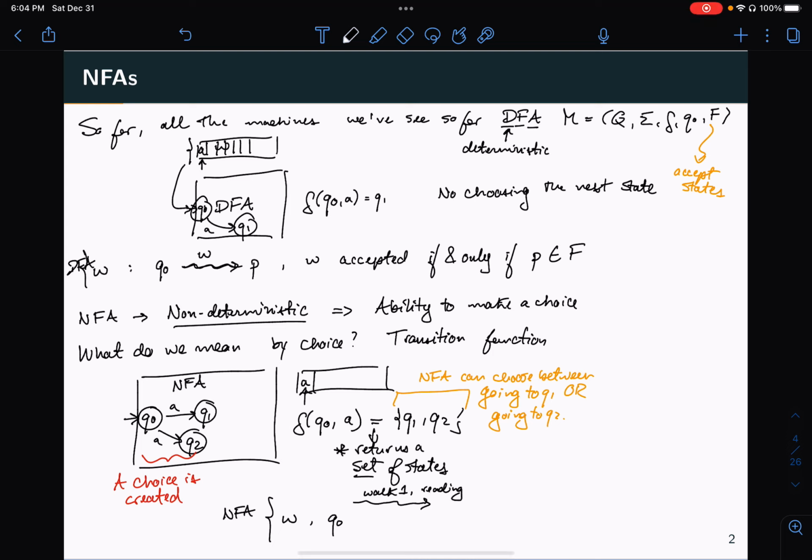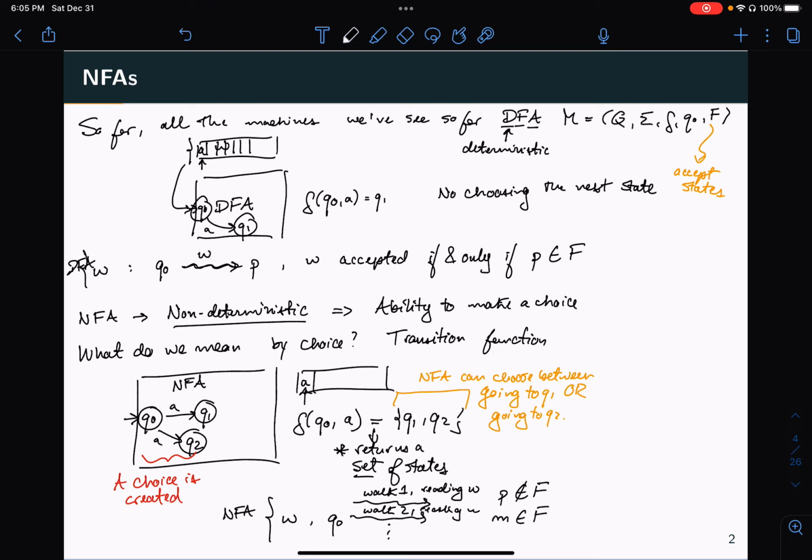Of course, you always read the same string W. This is walk 2, reading W again, and so on. And so perhaps this first walk goes to a state P, this second walk goes to a state M. It's fine if P is not in F and M is in F, right?